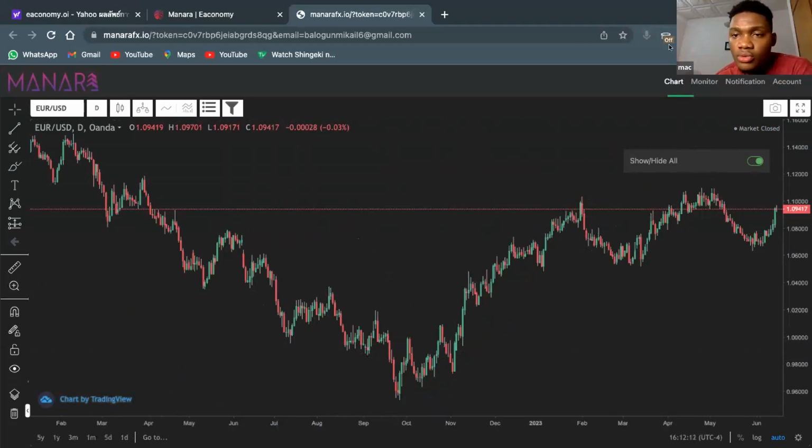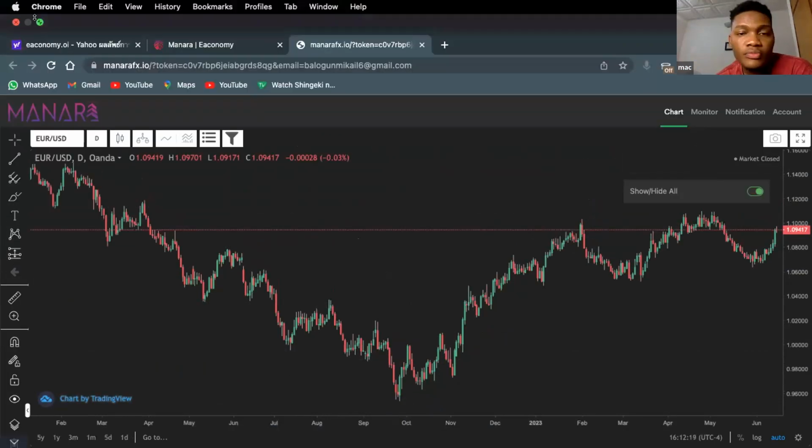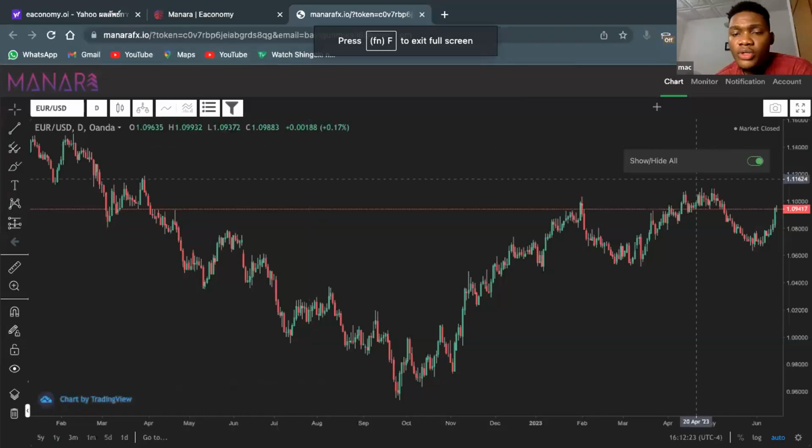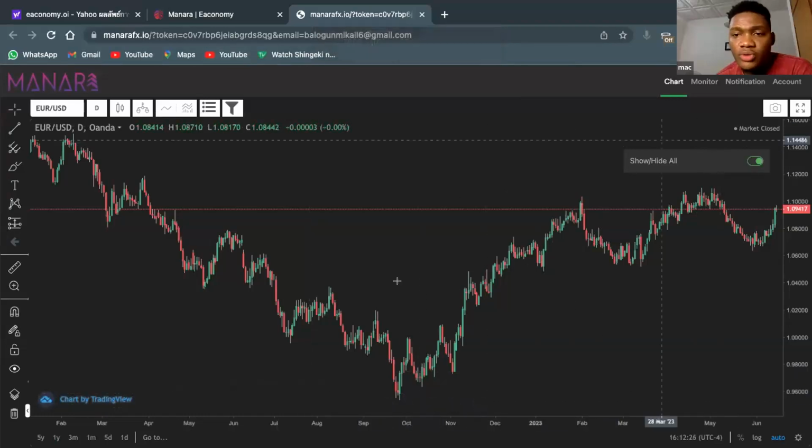This is Google Chrome, right? Okay, once you are done, the next thing you want to do is click on monitor, right? Click on monitor. Once you get to this place, click on monitor.